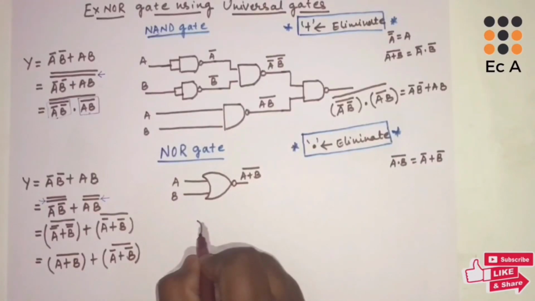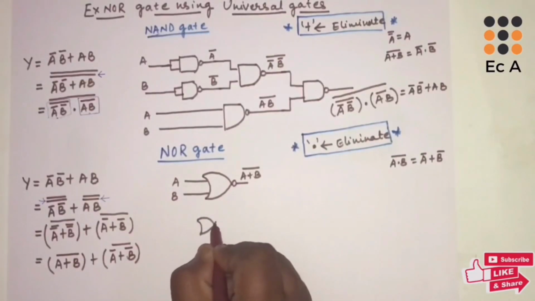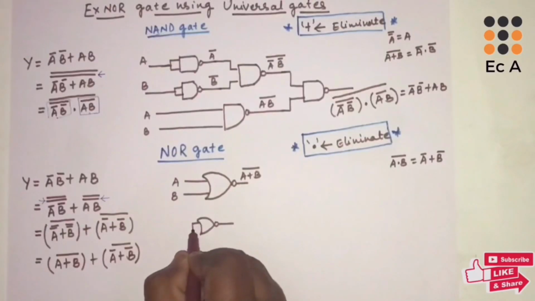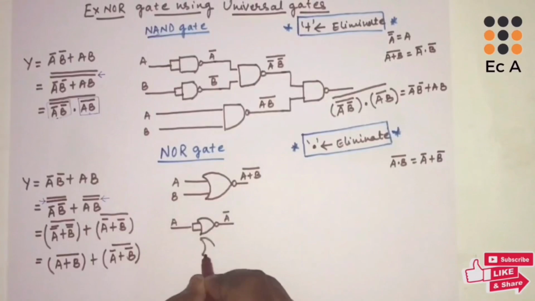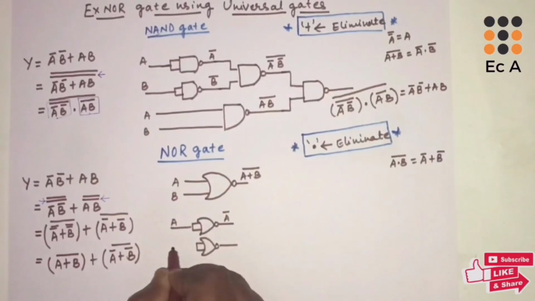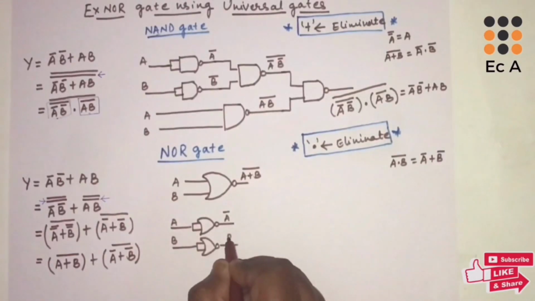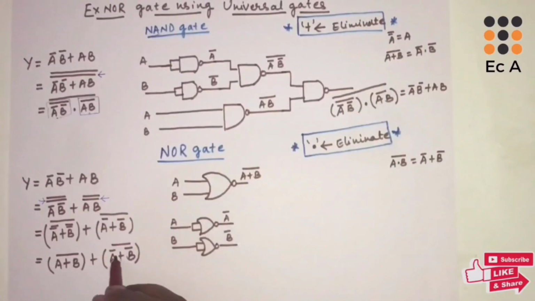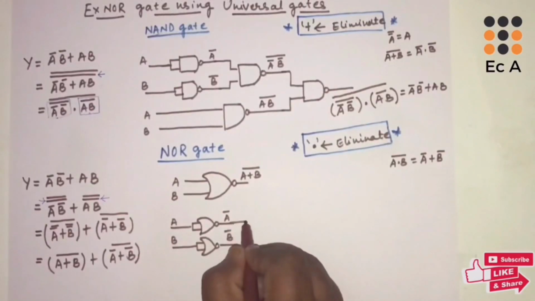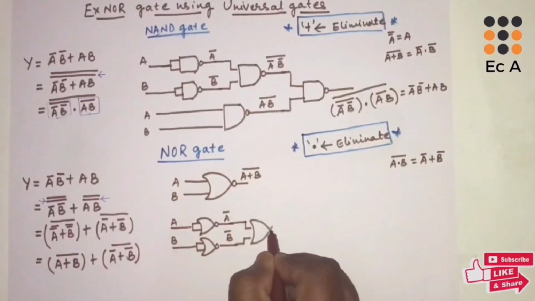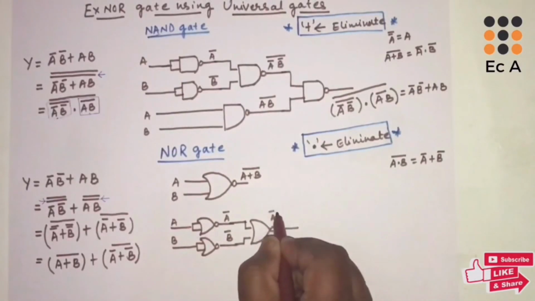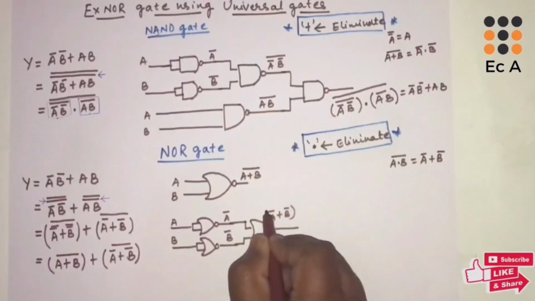Let us implement A bar and B bar first using NOR gates as NOT gates. So we got A bar, we got B bar. Now (A bar plus B bar) whole bar is a NOR operation, so connect these to a NOR gate. The output will be (A bar plus B bar) whole bar.